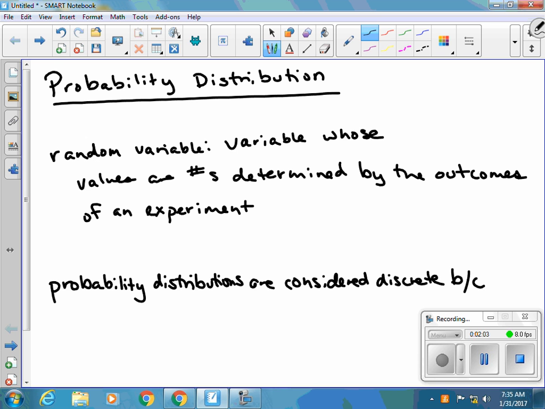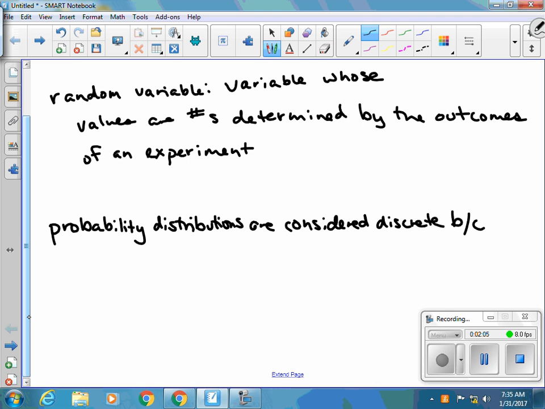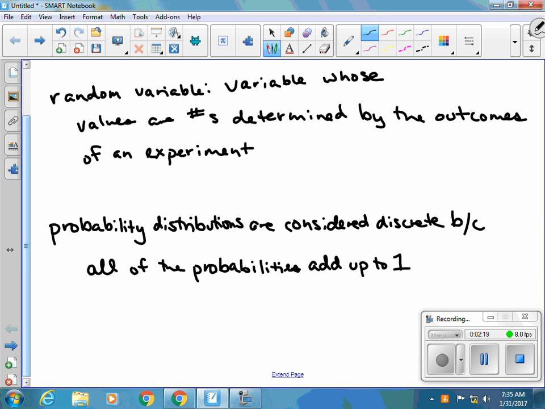And that's because all of the probabilities add up to 1. Okay, so right now this is just a bunch of words. You haven't seen anything, so you're not exactly sure what I'm talking about, but it'll make a little bit more sense.